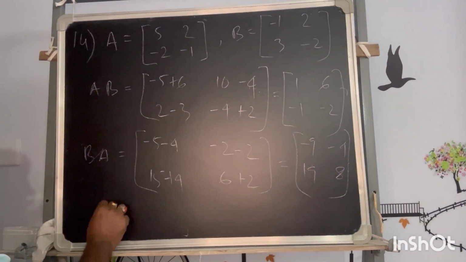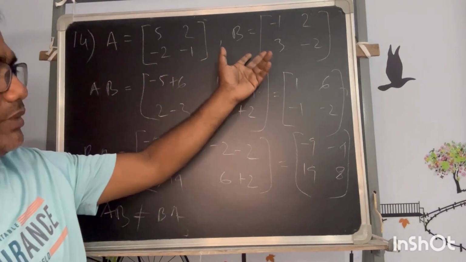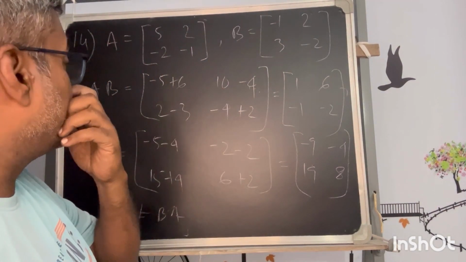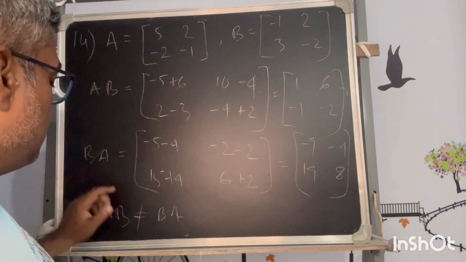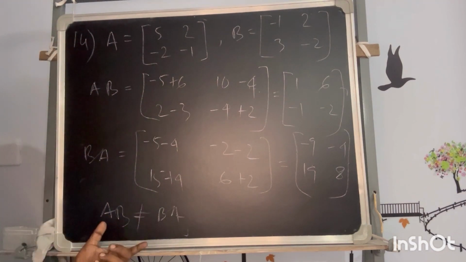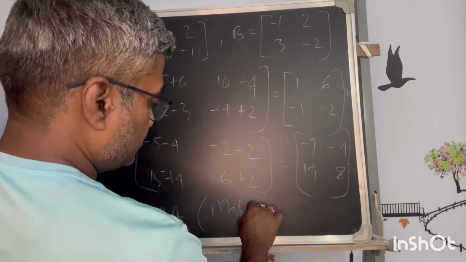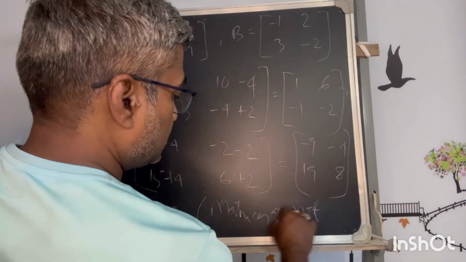So we can say that even if the multiplication is possible, although the matrices are square matrices of 2 into 2 order, even if multiplication is possible, the result is not the same. So we can say the matrices are not commutative.